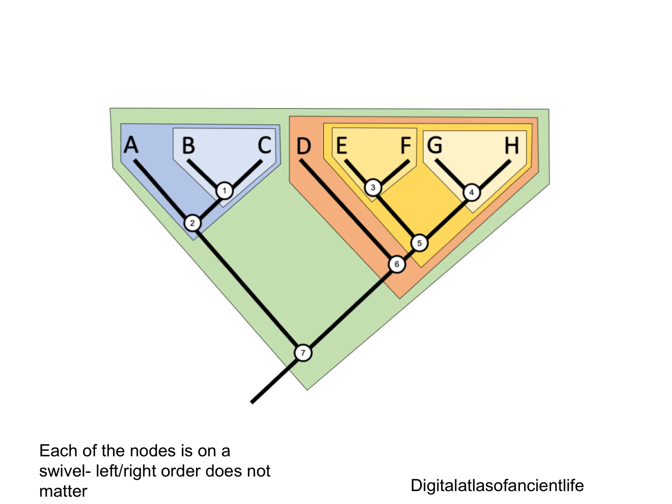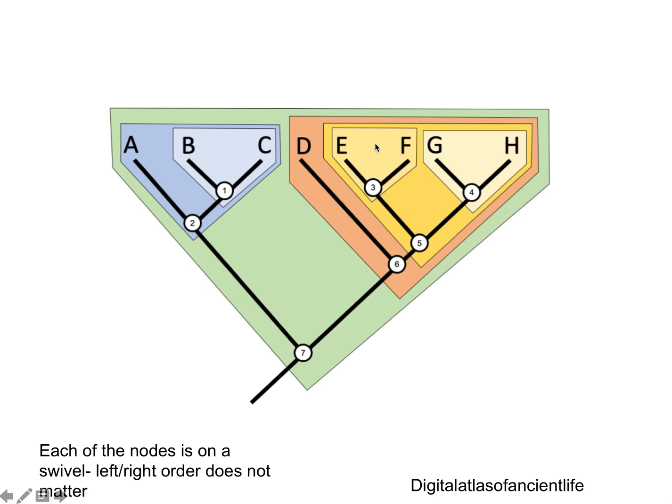When you're looking at these trees, how to interpret these trees is that B and C are more closely related to each other than either one is to A. A, B, and C are more closely related to each other than to any of the D, E, F, G, or H species. D through H are more closely related to each other than they are to A, B, and C. Again, E and F more closely related to each other than either one is to D, and so on.